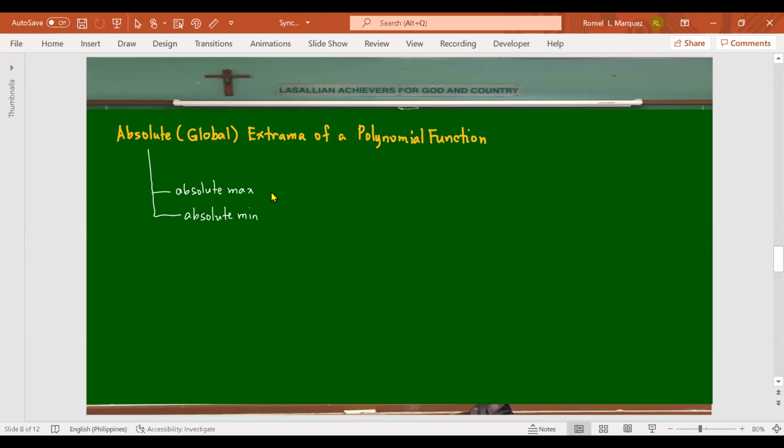So, the highest value of the function, or if a point, the highest point in the entire graph. Highest value of the function in the entire graph.